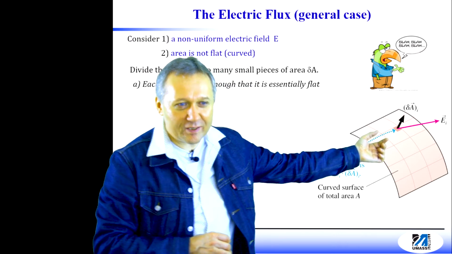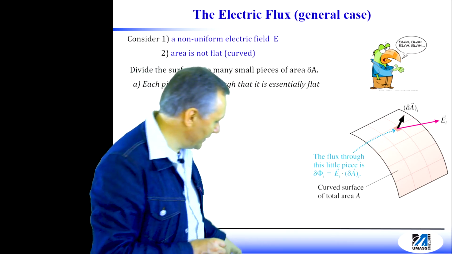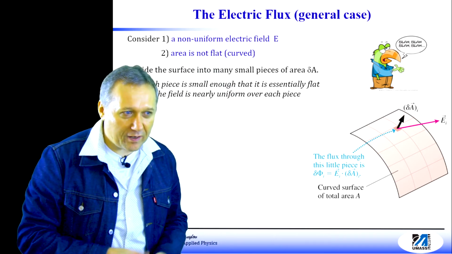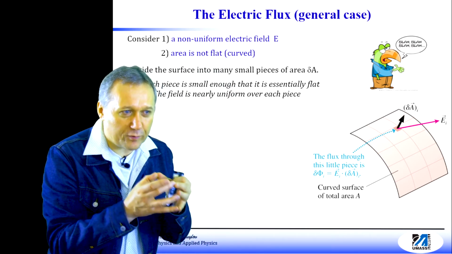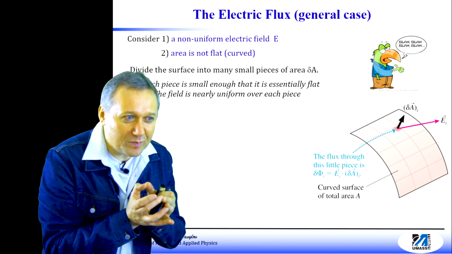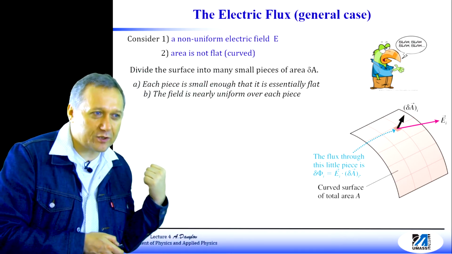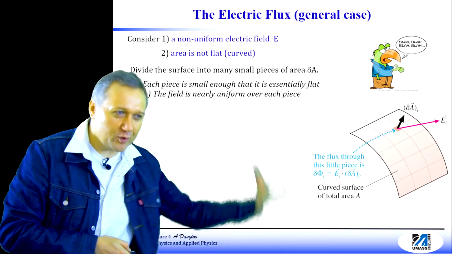So now over this small patch, we have two statements. The electric field is basically constant, uniform, and the surface of that patch is flat. It means that we can use the formula which we just discussed for a flat surface and uniform electric field.